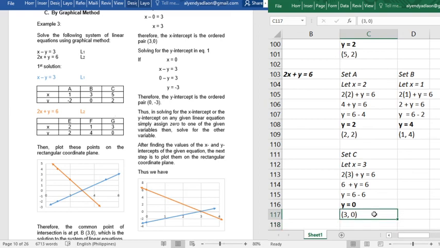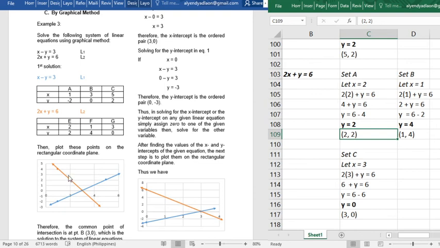Now class, to make a graph, we have 2 as our x and y is also 2.